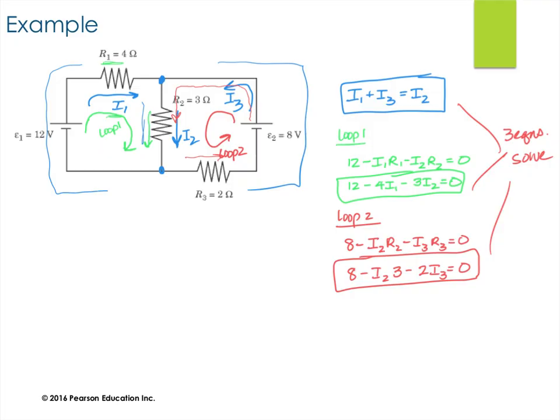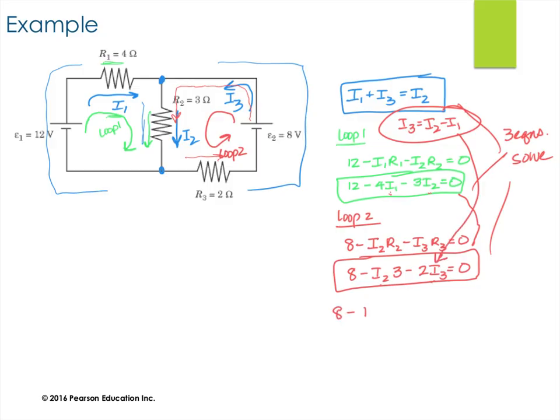The thing is I want these 2 to be in the same 2 currents. This one's in terms of I1 and I2, but this one's in terms of I2 and I3. So I want to either get rid of I1 in loop 1, or I want to get rid of I3 here. I'm going to rearrange and say I3 is I2 minus I1, and I'm going to substitute it in here.